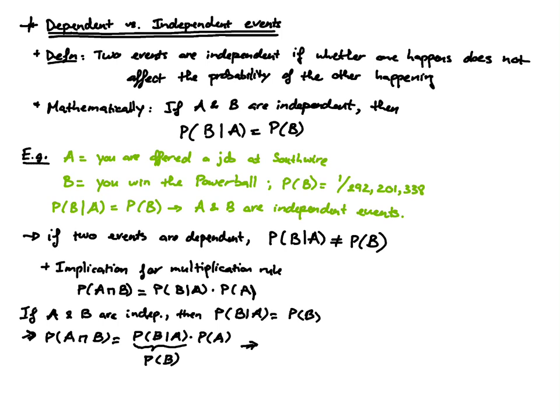And so if A and B are independent, the probability of the intersection of A and B is equal to the probability of B times the probability of A. This is known as the special rule of multiplication.